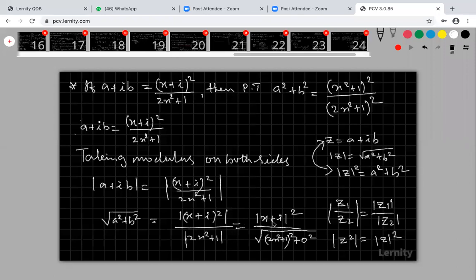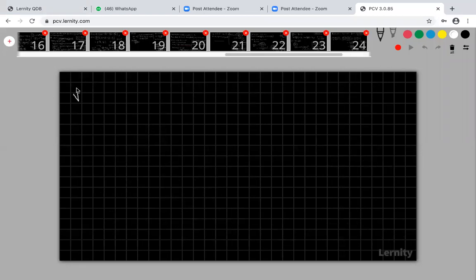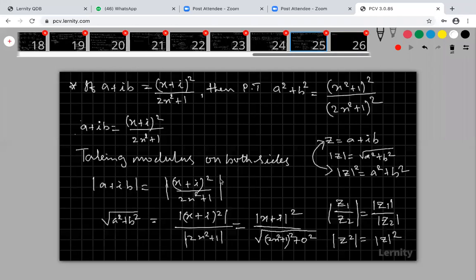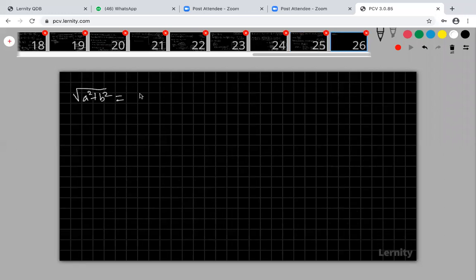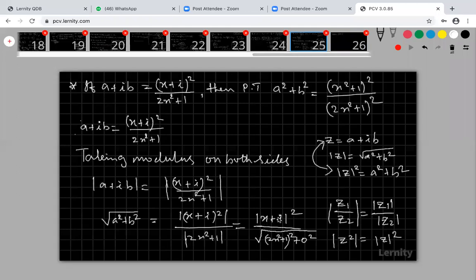So what is that? Come to the next slide. The left hand side is root of a square plus b square. On the right hand side, you have to take the magnitude. What is the magnitude of x plus i, squared? That is x square plus 1. Why, sir? This is my a, x, and this is my b, 1.